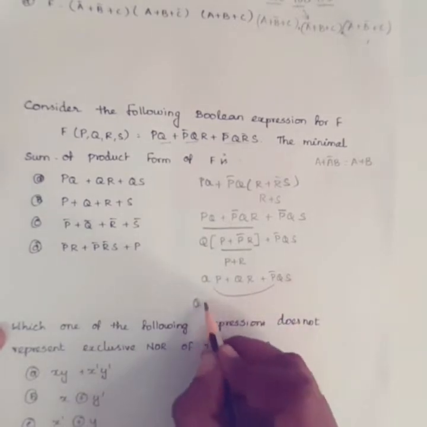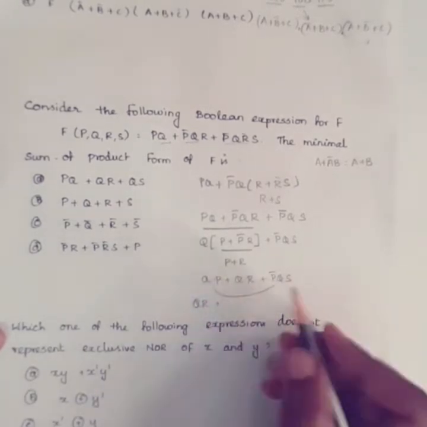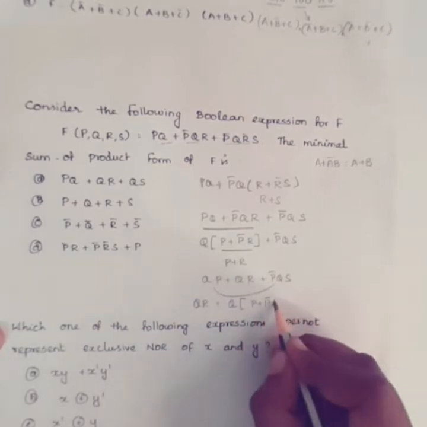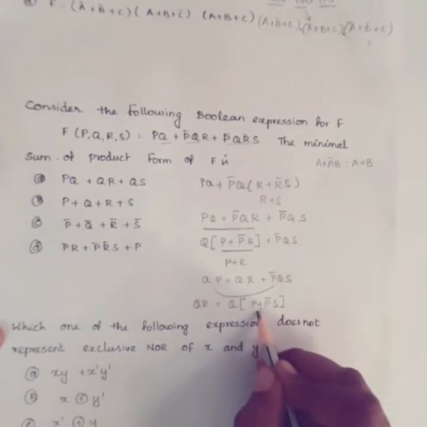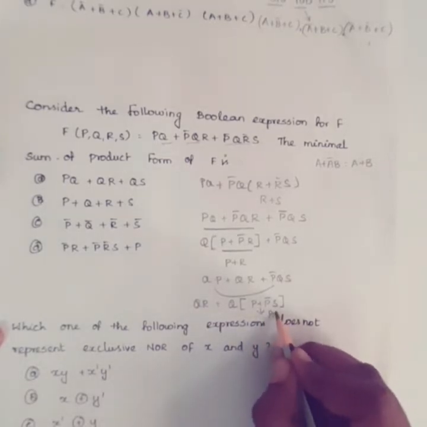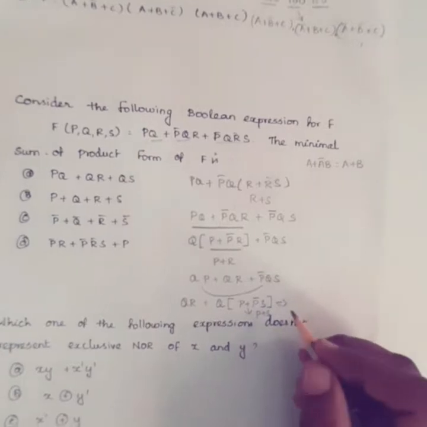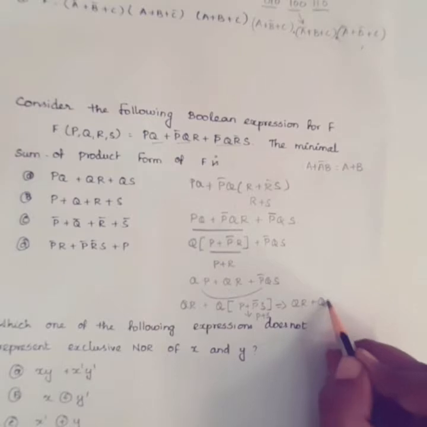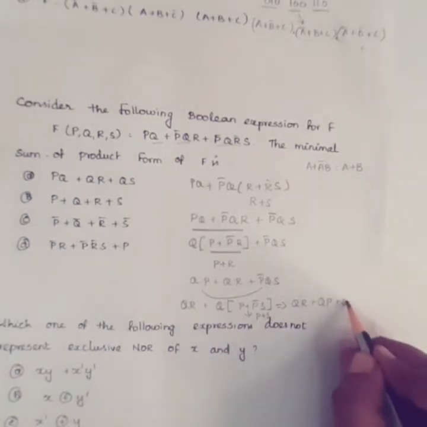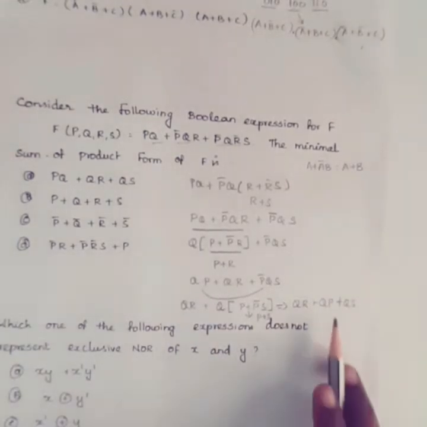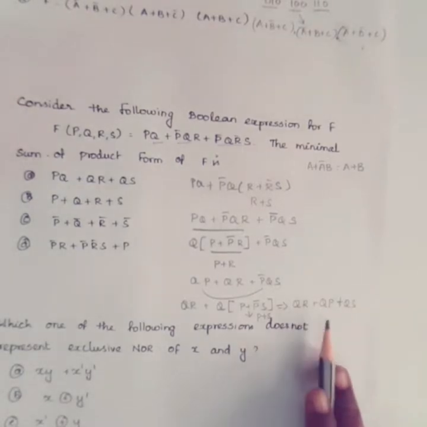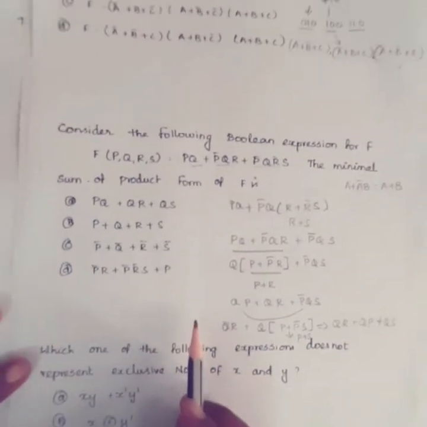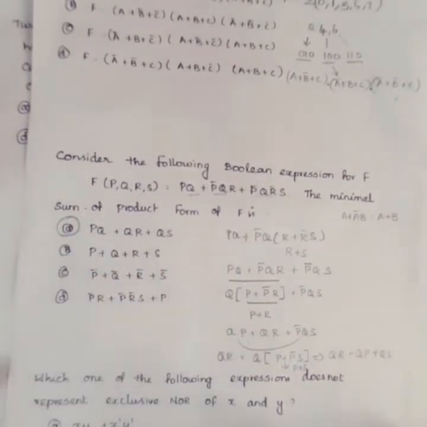Here you have QR, plus, combining these two terms, Q is common, so Q (P plus P bar S). Here also you can use the absorption law, so you get P plus S. So finally you get QR plus QP plus QS. So the answer is QP plus QS plus QR, that is PQ plus QR plus QS, that is option A. Option A is the correct one.